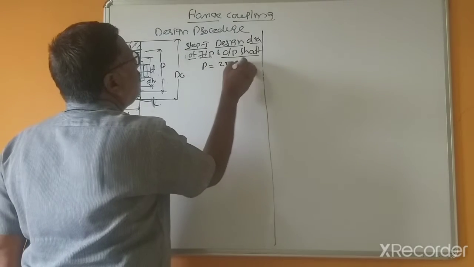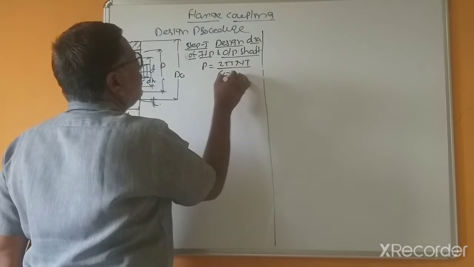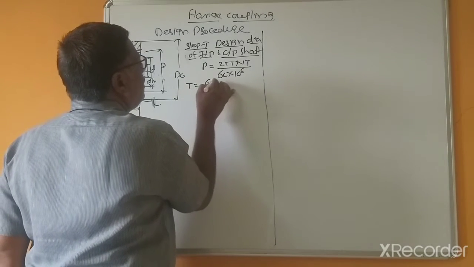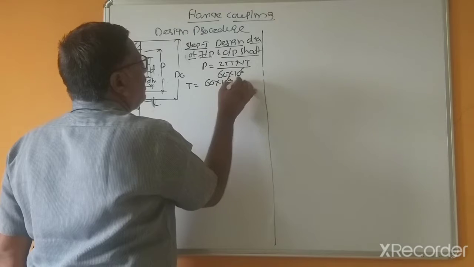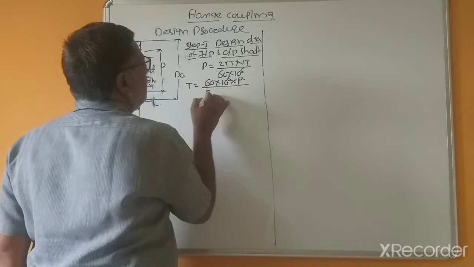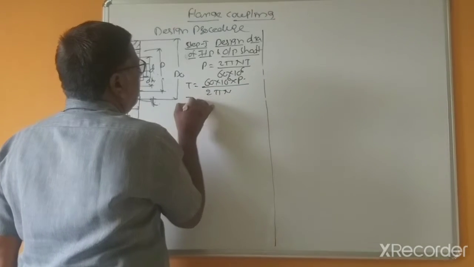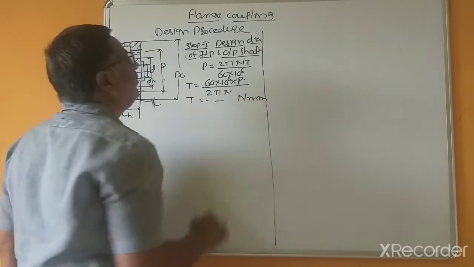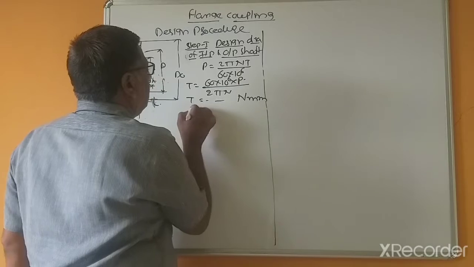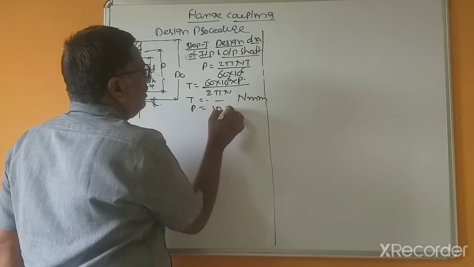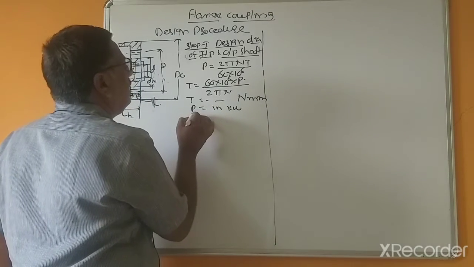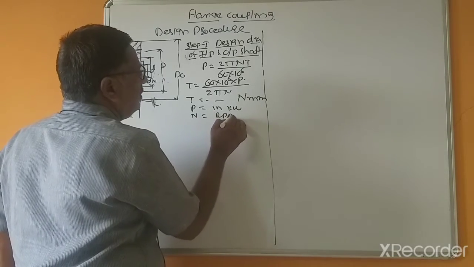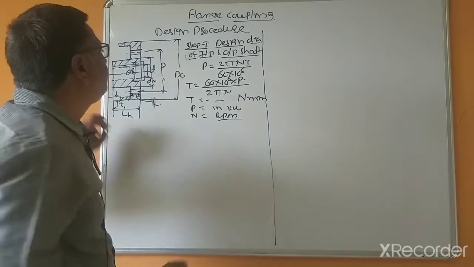The relation is P equal to 2 pi nT divided by 60 into 10 to the power 6. That's why T equal to 60 into 10 to the power 6 multiplied by P divided by 2 pi n. Here you will get T in Newton mm, P in kilowatt, and n is the RPM, revolutions per minute.